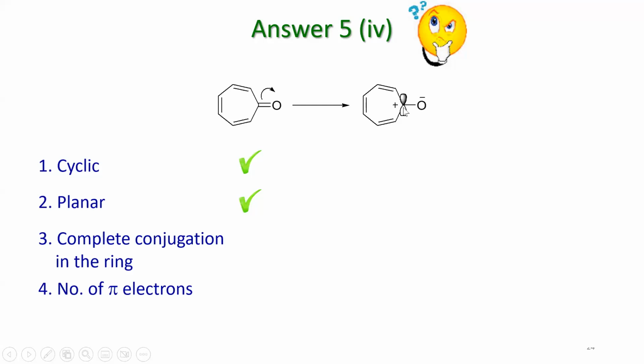Minus charge on oxygen and plus charge on carbon, and there will be an empty p orbital created like this. So what happens is, now you have 2 pi electrons here, 2 pi electrons here, 2 pi electrons here, and an empty p orbital here.